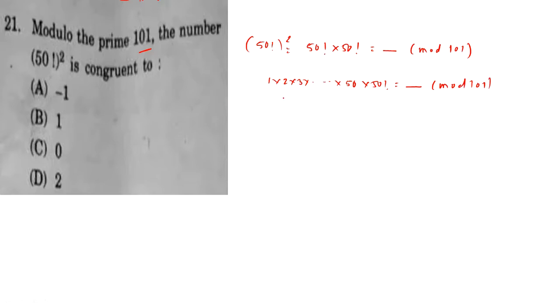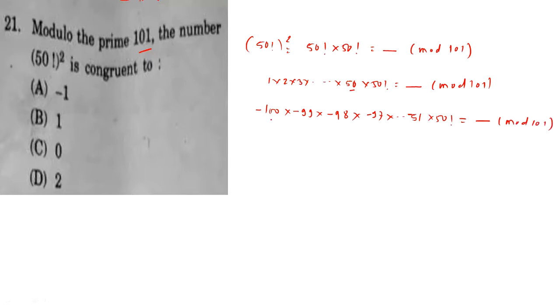Now if you divide 101 by 1 you get remainder 100, which is minus 100; for 2 it is minus 99, then minus 98, minus 97, and for 50 you get 51, into 50 factorial. So all these are with a minus sign.